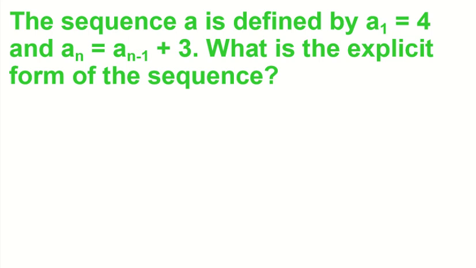Let's see if we can get the explicit formula. What you got? A n equals 3n plus 2.